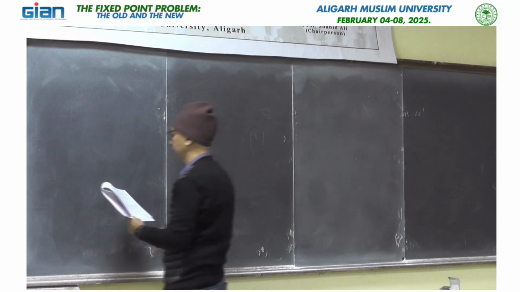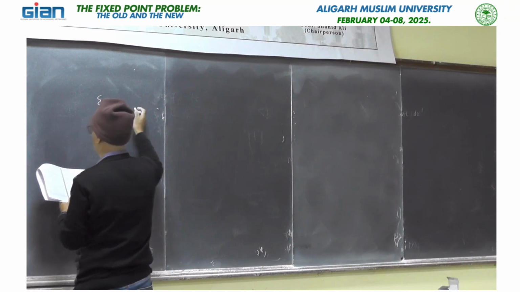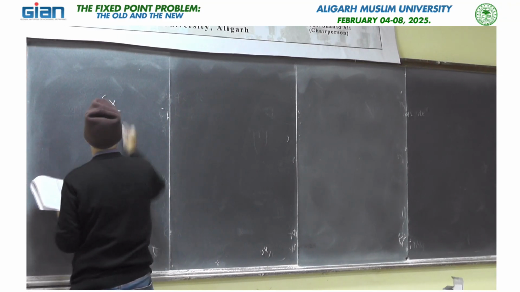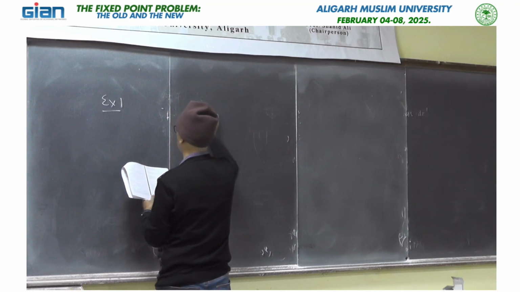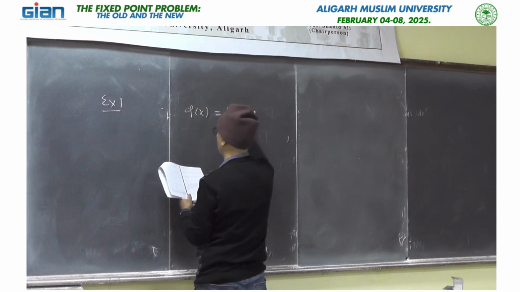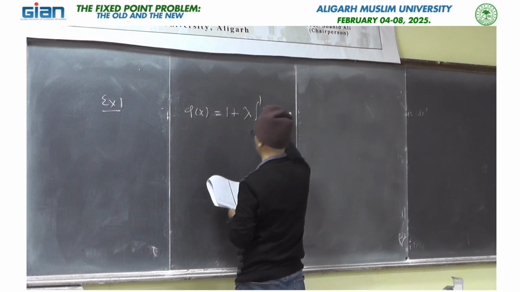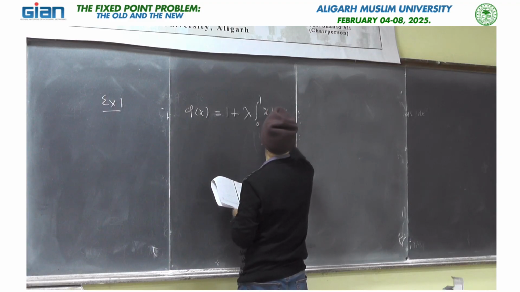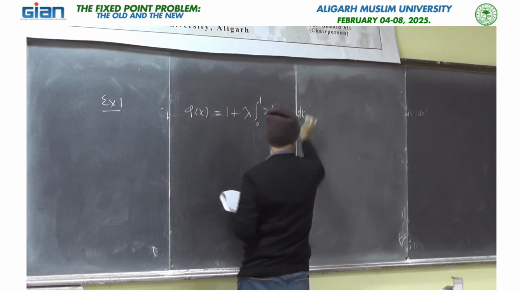If you consider this example, example 1, phi(x) equals 1 plus lambda integral 0 to 1 of xy phi(y) dy, or xt phi(t) dt.